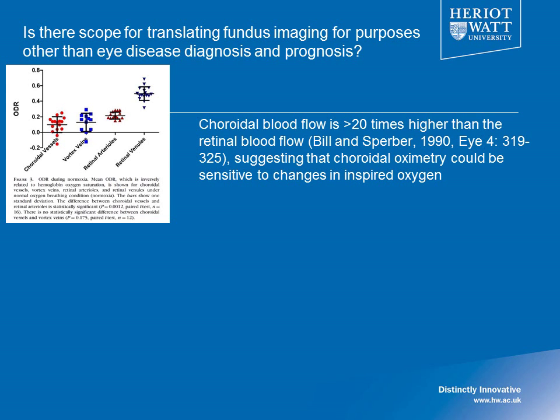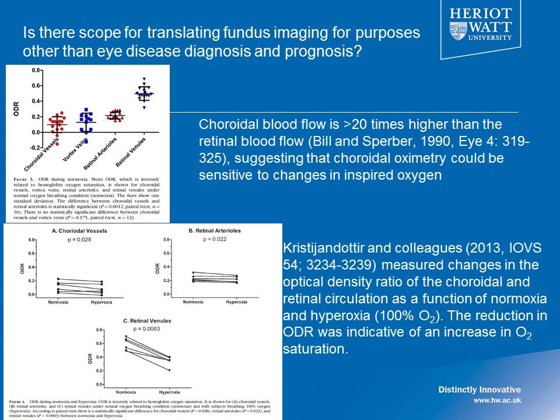That same group published a paper in which they then measured changes in optical density from both the choroid and retinal circulation as a function of either normoxia or hyperoxia. So in this instance they gave people 100% oxygen, and what they recorded was that the ODR in the choroidal vessels went down in some subjects, suggesting that there was a higher oxygenation with hyperoxia.